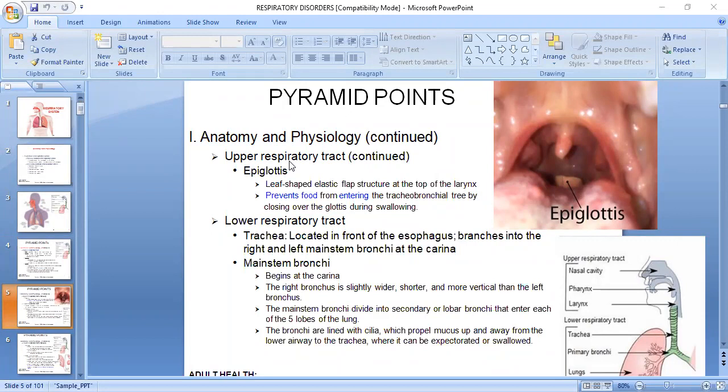So if anybody has epiglottitis, it is very important to get appropriate antibiotics.